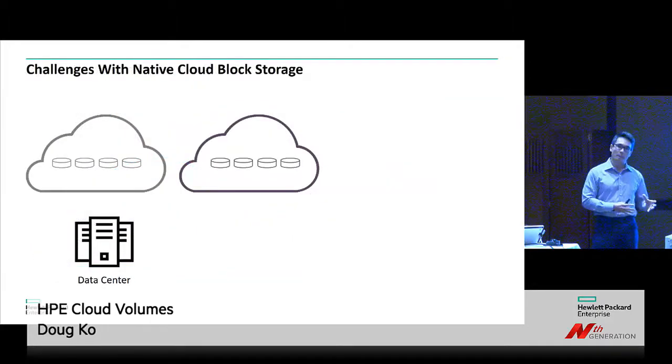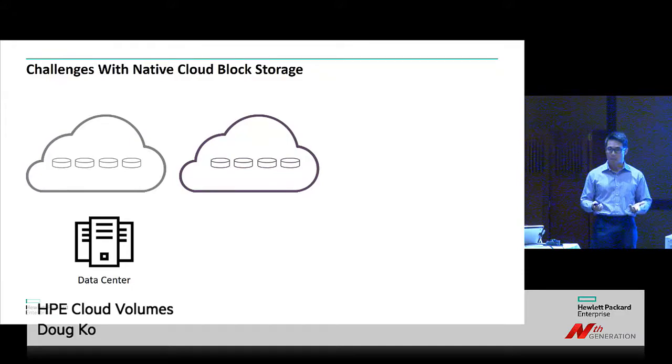So let's double-click into that quickly and look at some of the challenges specific to block storage in the cloud. Again, focusing on block storage and not the object storage, which is much more foundational and popular within the cloud today. When we're looking at block storage, I'm talking about cloud services like Amazon EBS, Elastic Block Storage, or Microsoft Azure Disks.